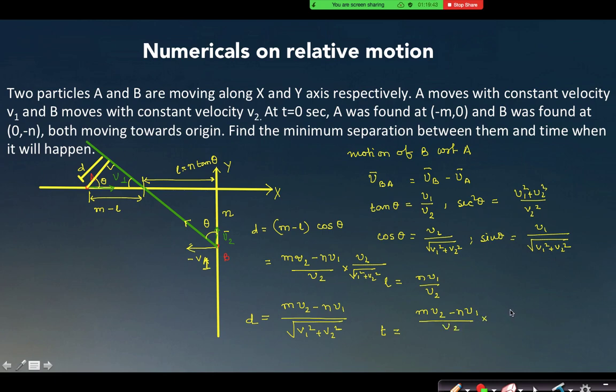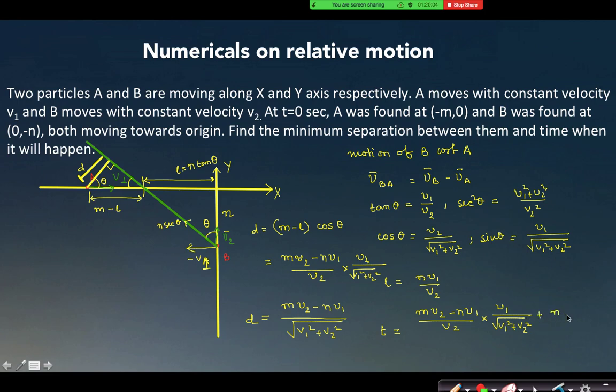Sine theta is v1 divided by root over v1 square plus v2 square, and this length is n sec theta. So this length is m minus L sine theta plus n into sec theta.